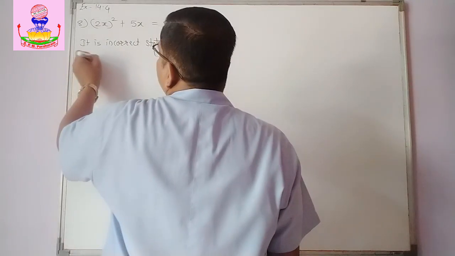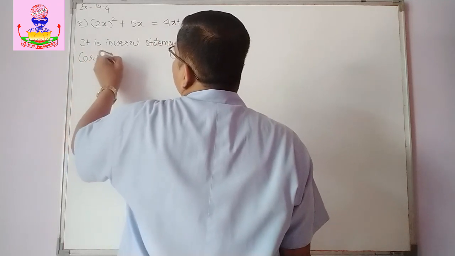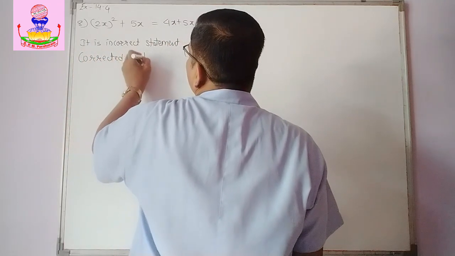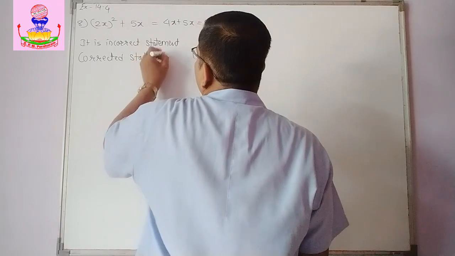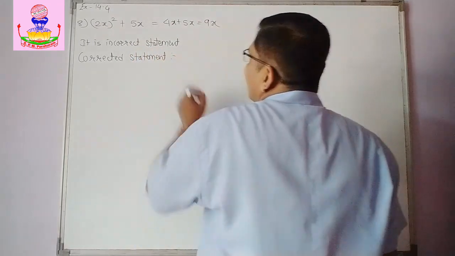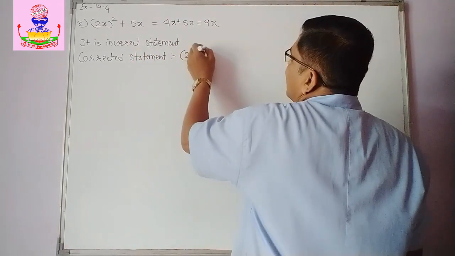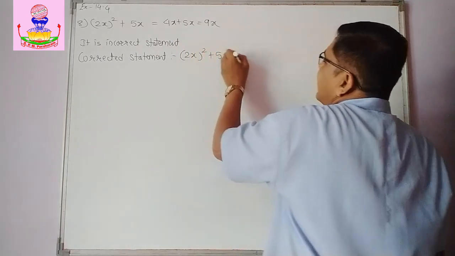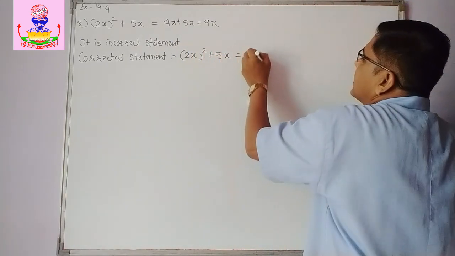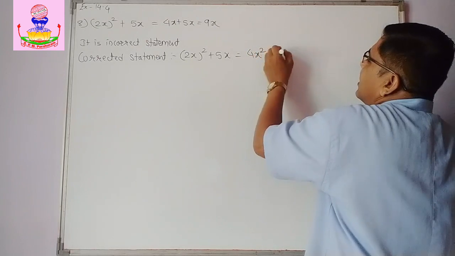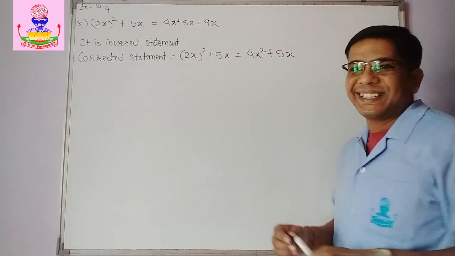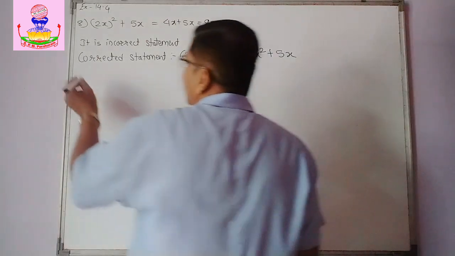Then what should be the corrected statement? What it has to be? (2x) whole square plus 5x is equal to 4x square plus 5x. Why?